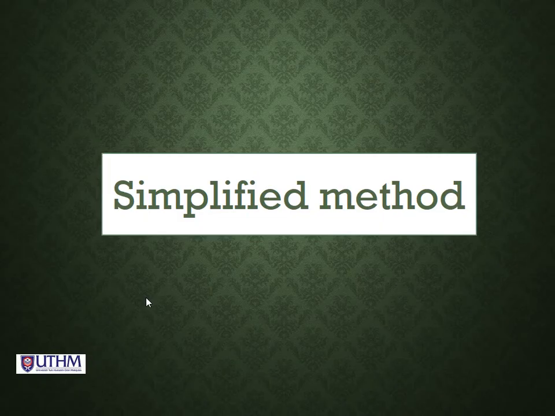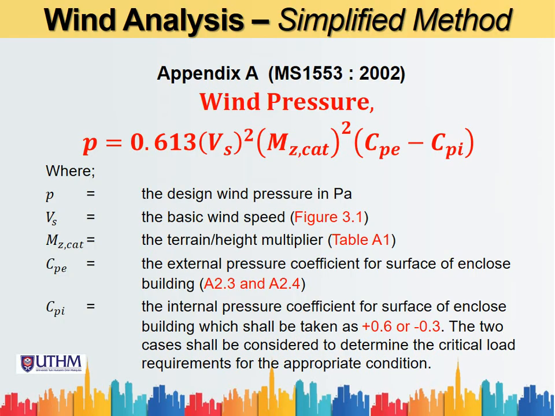So this is the simplified method. Again, this method is to determine the wind pressure, and again, this is for the frame.